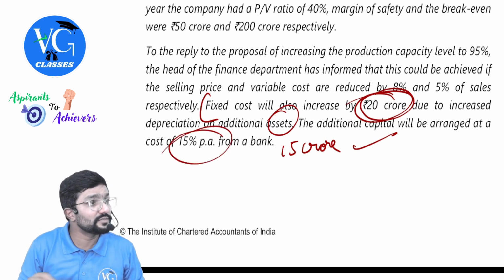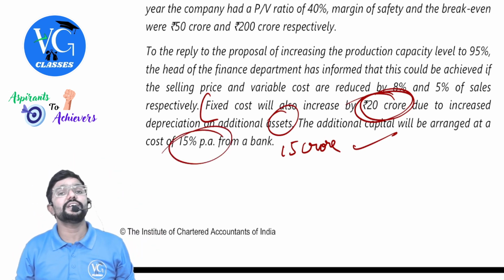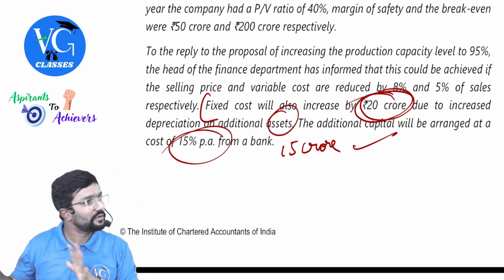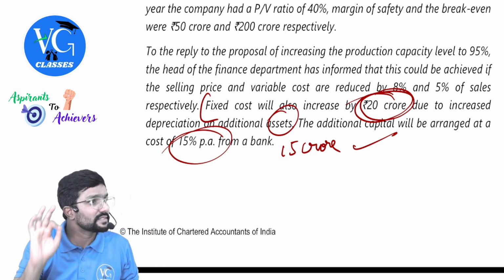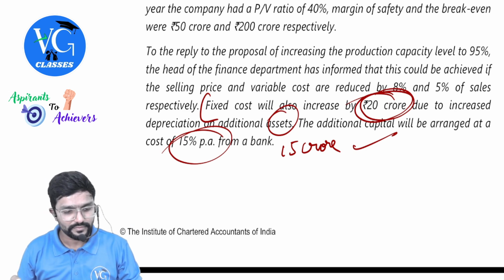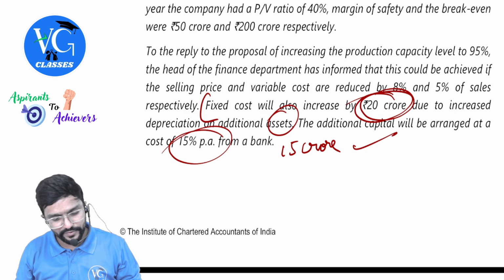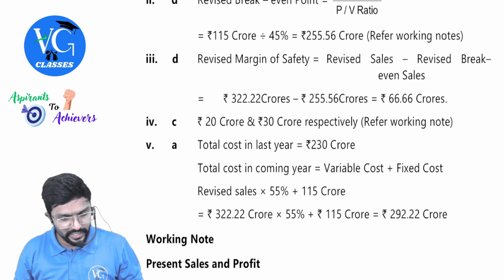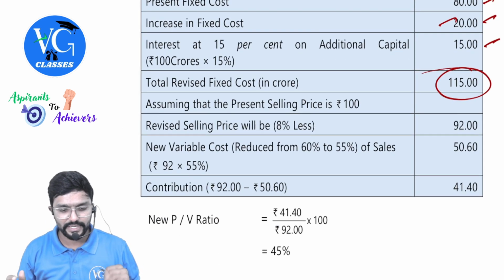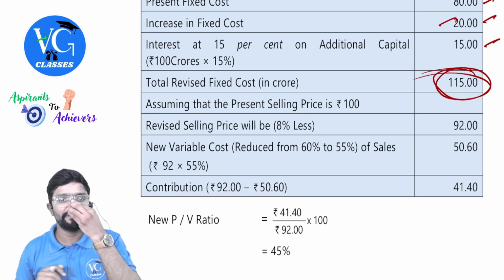And this 15 is what? Interest on the capital. So 20 crore is different, 15 crore is different. Don't assume 15 is a part of 20. Clear? Yes. So we have to take 20 plus 15. Revised fixed cost is 115.